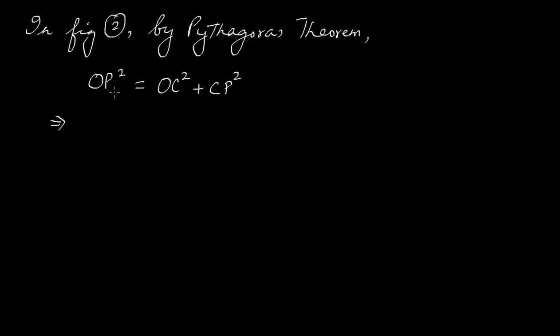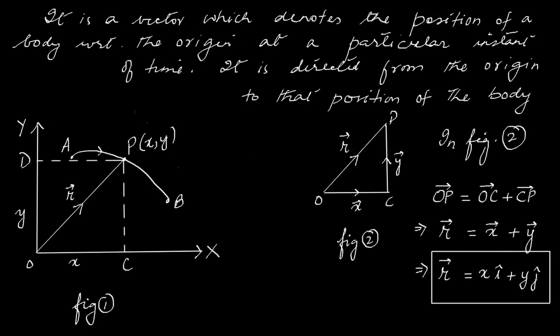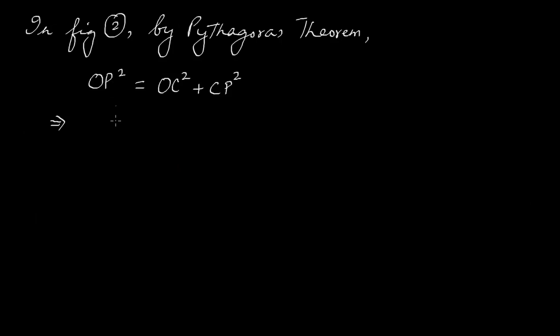Yes? Okay. But what is OP square? OP here is R, right? R magnitude. Yes, because I didn't write here OP bar. So that means when I write R also, I have to write only R without the bar sign. So that will be R square.